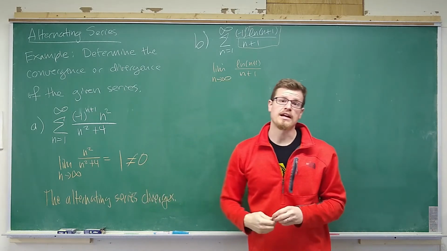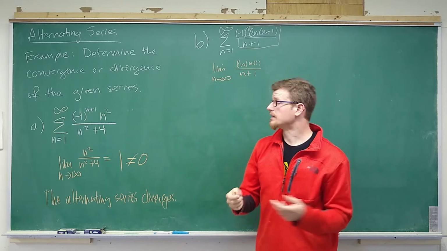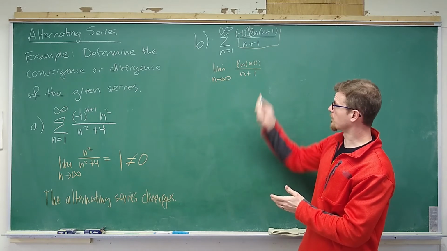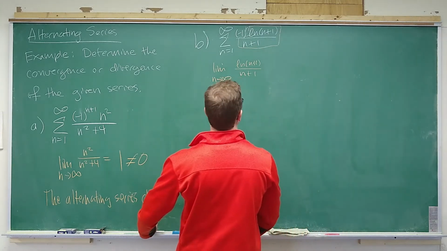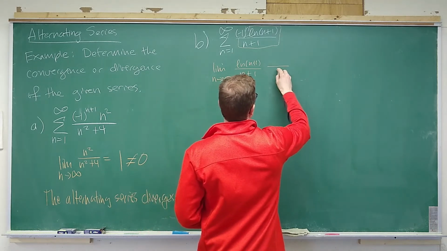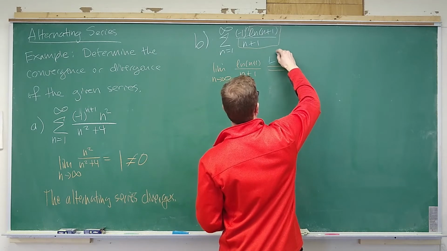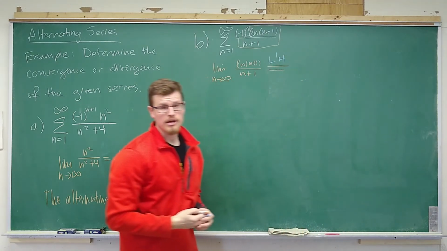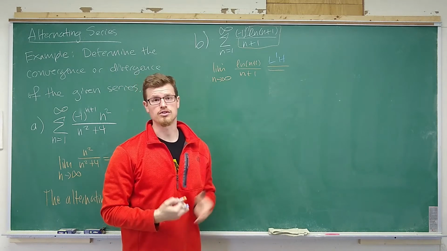Now both the numerator and denominator go off to infinity, so we have a situation where we have an indeterminate form. So what I want to utilize is L'Hopital's rule, so I'm going to indicate that by LH. So the derivative of the numerator would be 1 over n plus 1, and the derivative of the denominator is just 1.